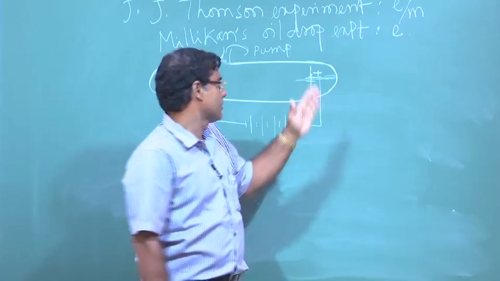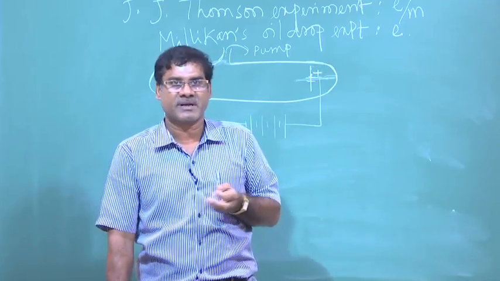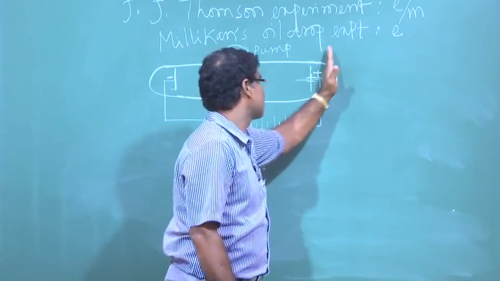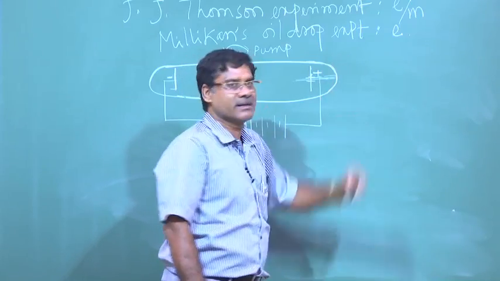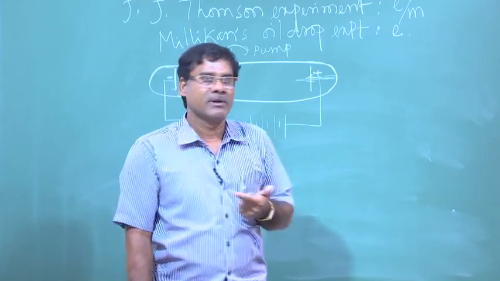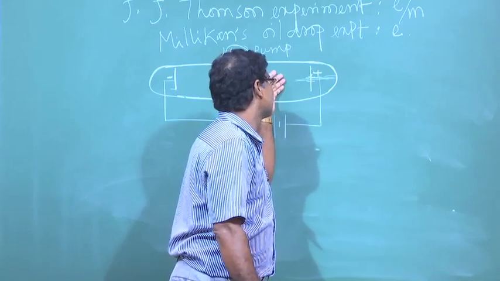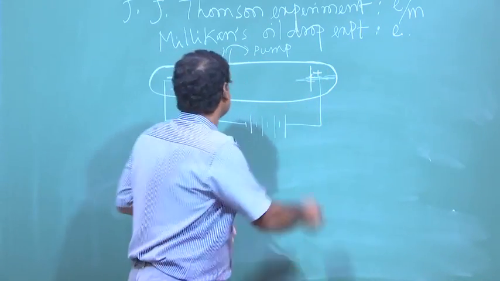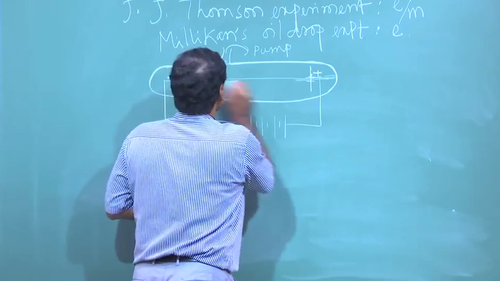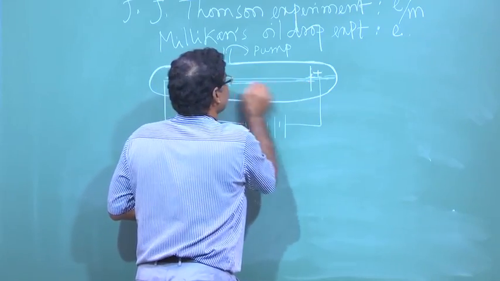Sometimes you use fluorescent material coated on this edge, or you put a screen here, and you will see that some rays are passing through this anode. These rays are called cathode rays.